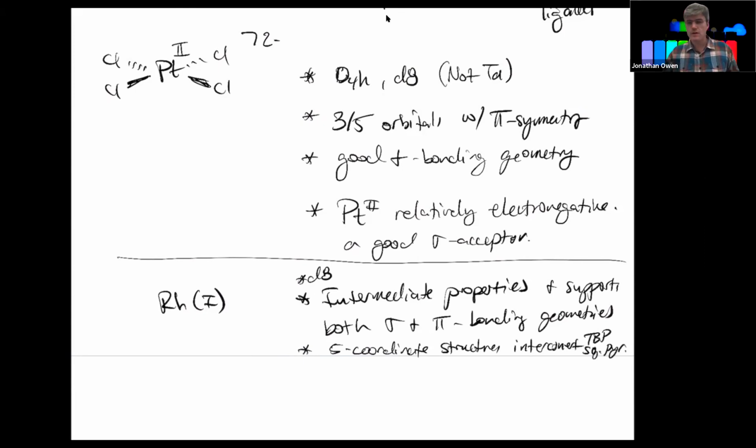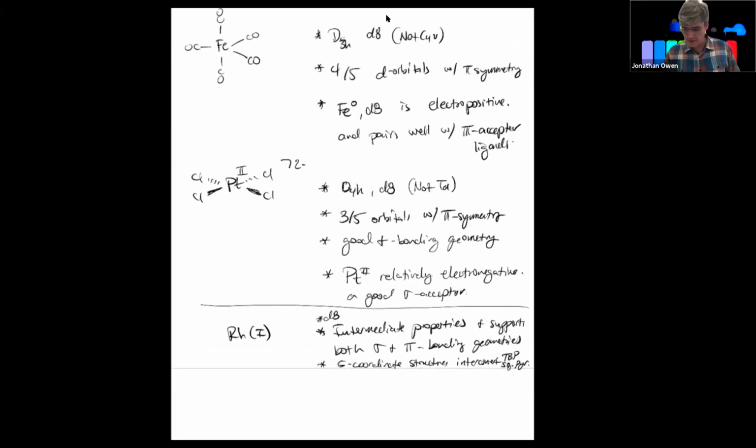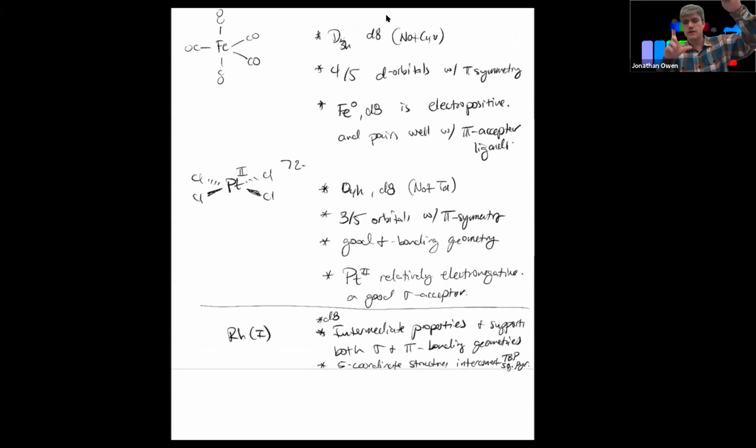Okay, so rhodium 1, it helps to know the periodic table here. Iron is in the upper left of a 3x3 square. Platinum is in the lower right of that 3x3 square, and rhodium is in the middle. As you go to the left, they get more electropositive. As you go to the right, they get more electronegative.